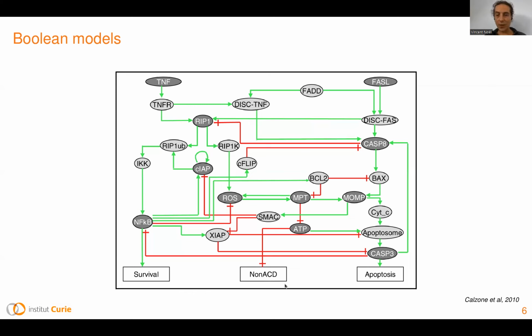Then we have this non-ACD, which stands for non-apoptotic cell death, which in this case will represent necrosis. So the cell will activate another kind of cell death, which is called necrosis. And so basically, this is what the model will do. We just activate some input nodes, launch a simulation, and it will tell you if the cell is surviving, becoming resistant to a treatment, or dying of necrosis or apoptosis.